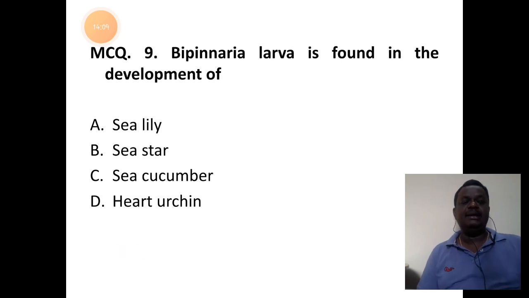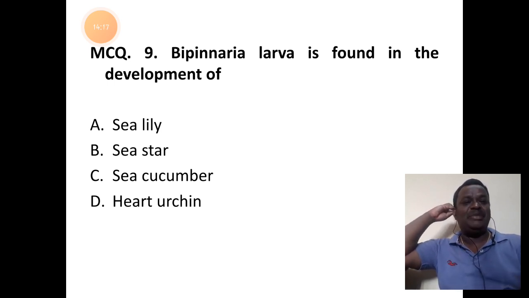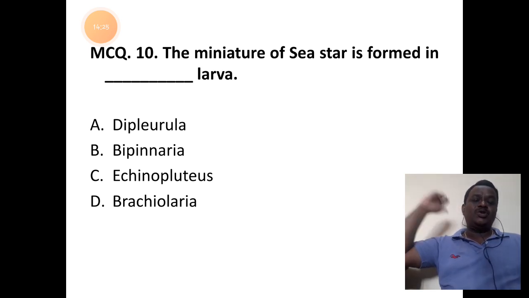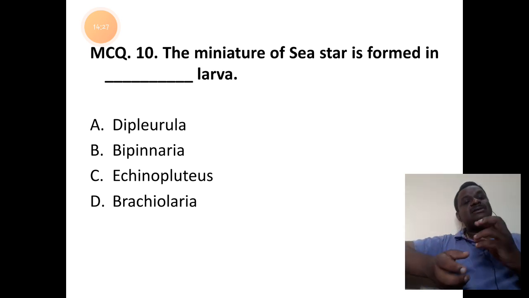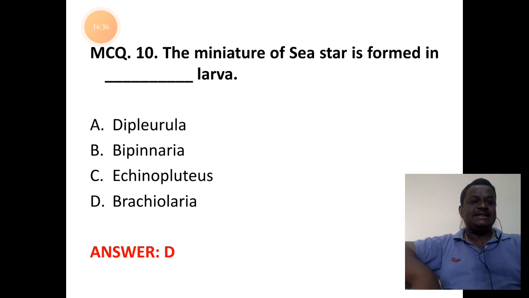Answer is C. The bipinnaria larva is found in the development of which organism? No doubt it is Asterias, B. The last question. The miniature of Asterias is formed in the dash larva. So inside which larva do you find the star shaped miniature structure formed? It is brachiolaria larva. Answer is D.